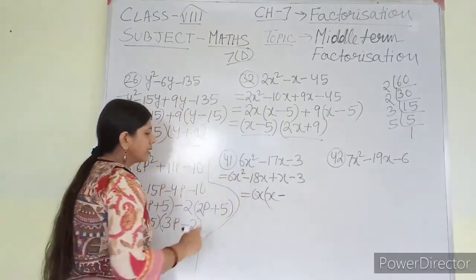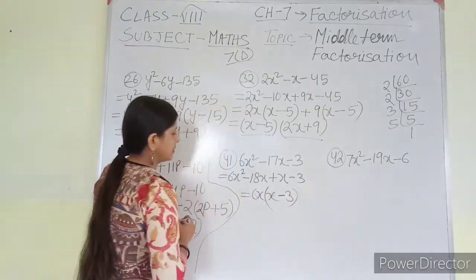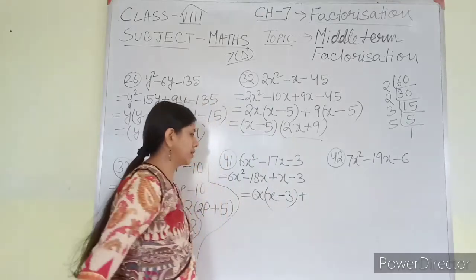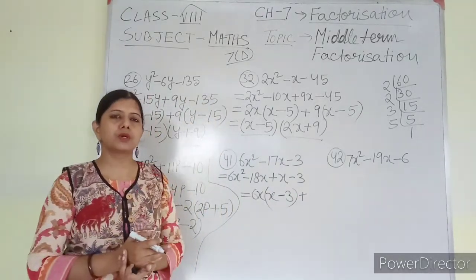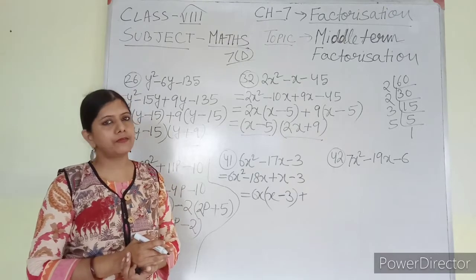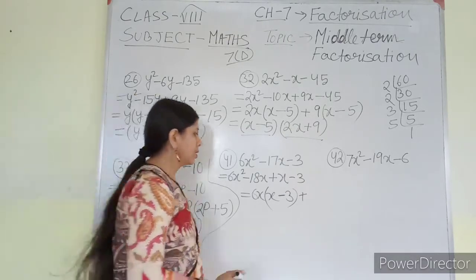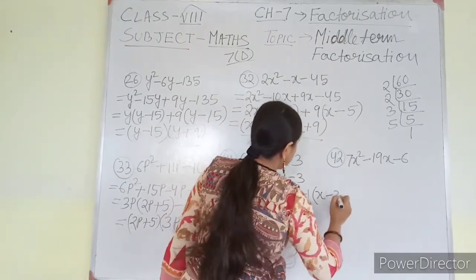Minus 6 into 3 is 18, so 3 is left here. In between these two, nothing is common. When nothing is there, that means 1 is common, because 1 is a factor of each and every number. So I write 1, and here x is left, minus 3 is left.